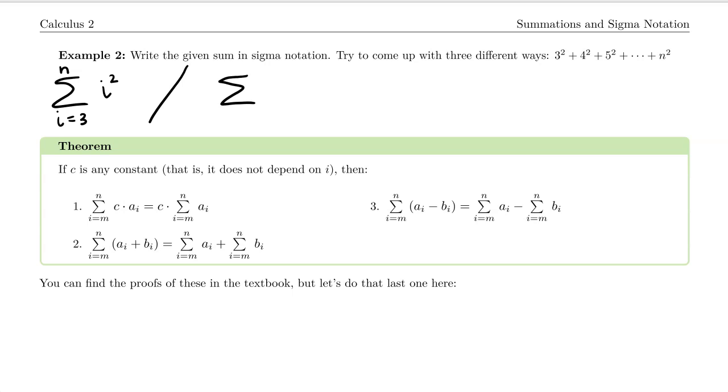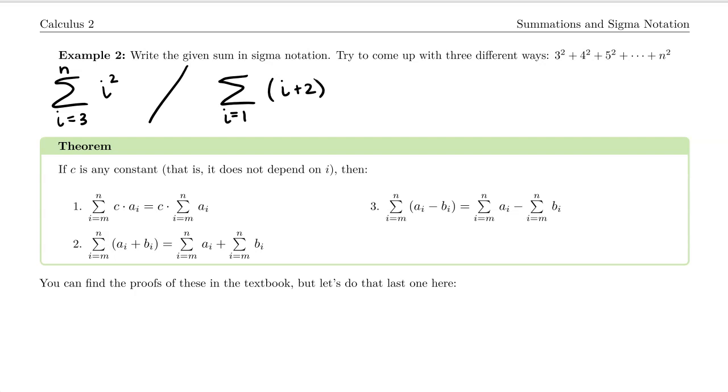What if I had my sigma and I wanted to start off at a lower index of something other than 3? What if I wanted to start at i equals 1? Well, in order to get my first term, if I started at 1, in order to get to a base of 3, I'd have to add 2 to that.